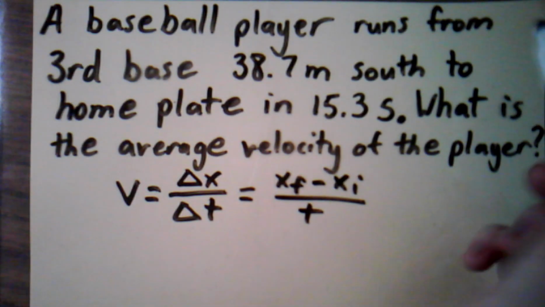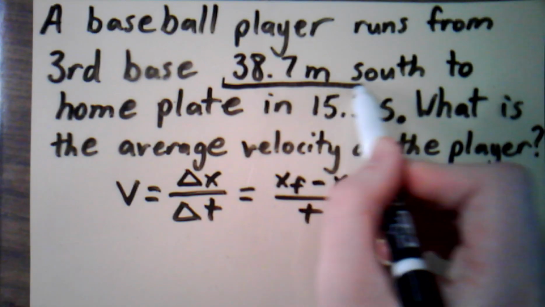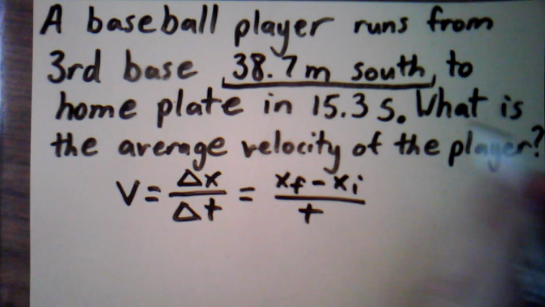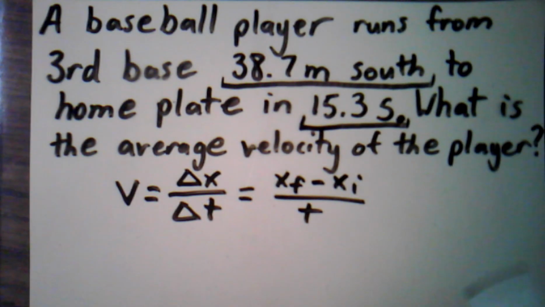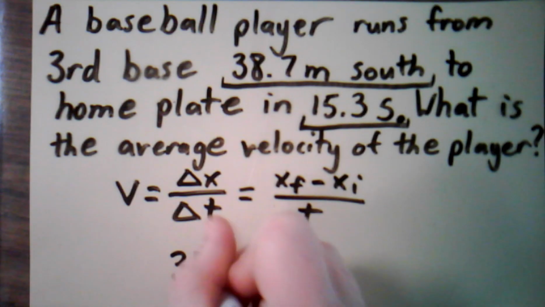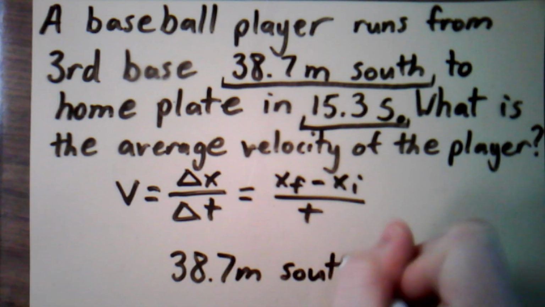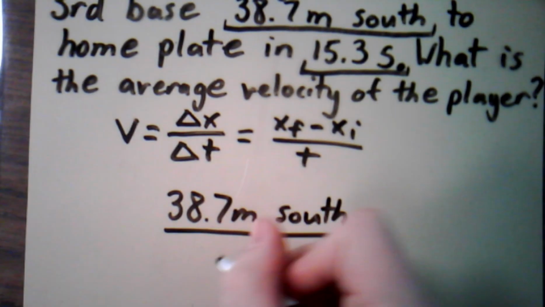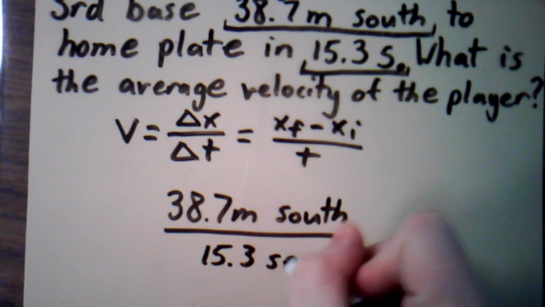So it says that the baseball player runs 38.7 meters south. There's our displacement, in 15.3 seconds. There's our time. So let's plug it in. 38.7 meters south over 15.3 seconds.